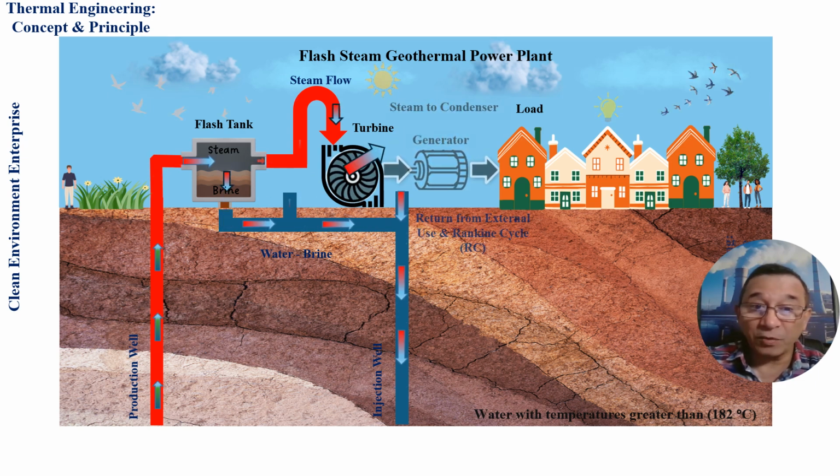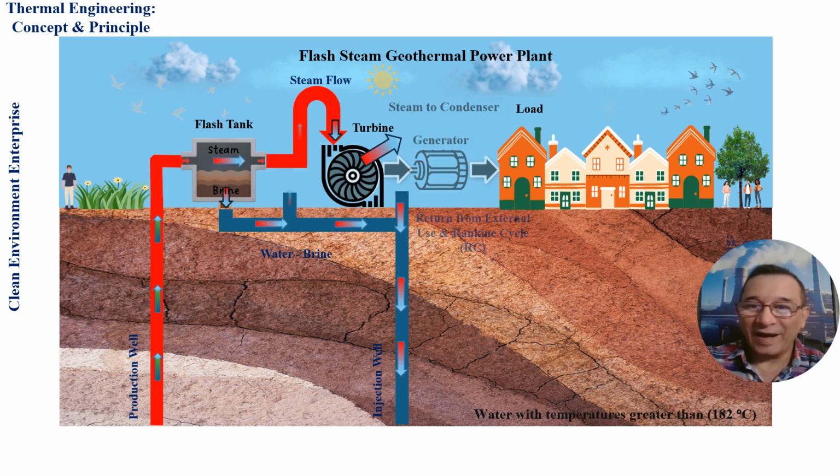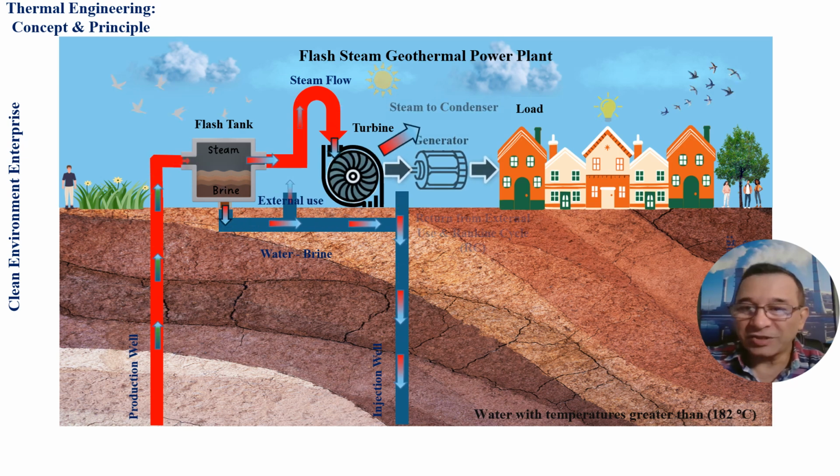As the water goes up, the pressure drops, and then a part of that water will be flashed into steam, and then it enters a flash tank.